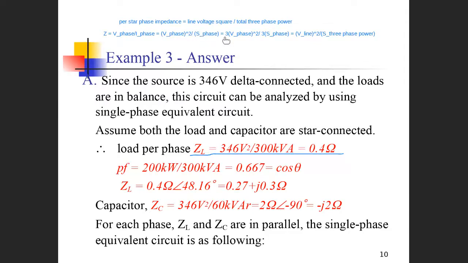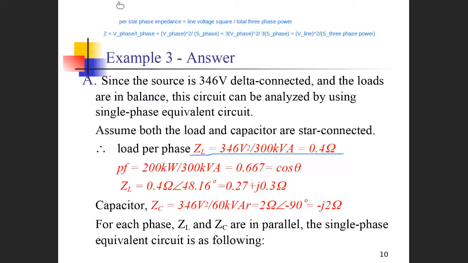Now equal to 3 times the per star phase voltage squared over 3 times the per phase power. You know root 3 times the phase voltage is the line voltage, right? So 3 times the phase voltage squared is the line voltage squared. And 3 times a single phase power is the total of 3 phase powers. That's the meaning of it.